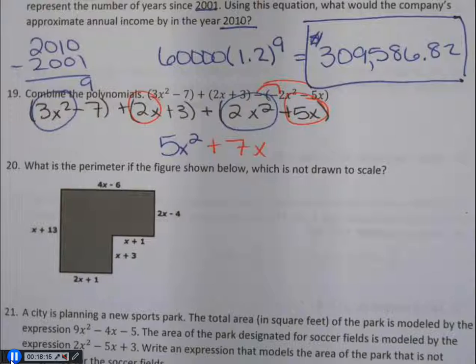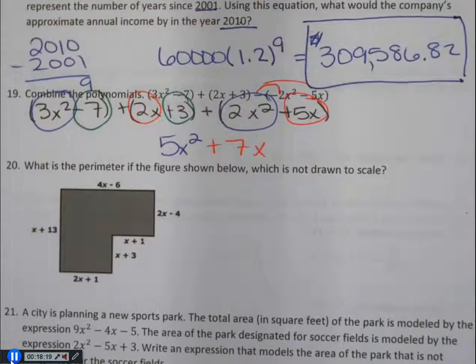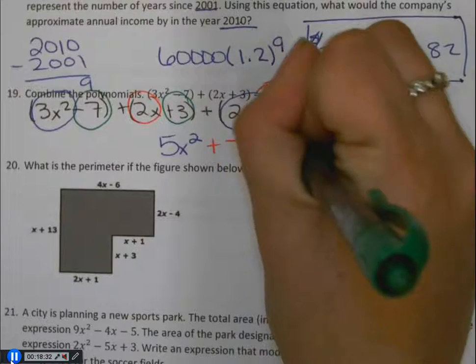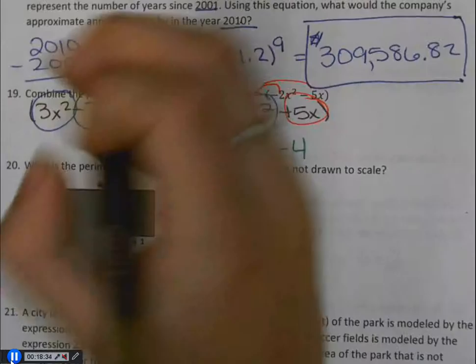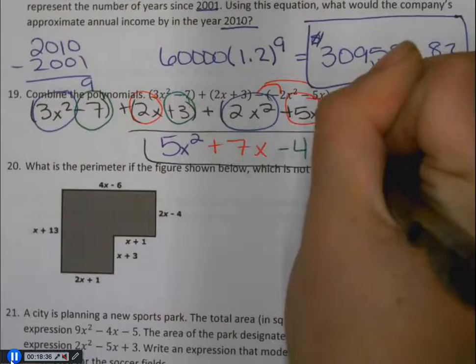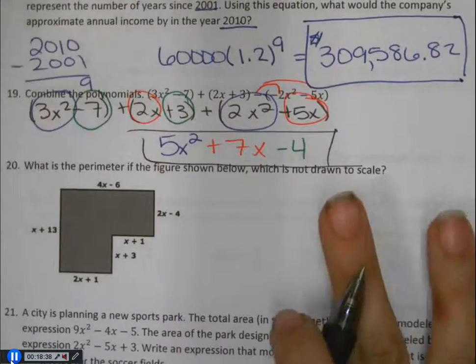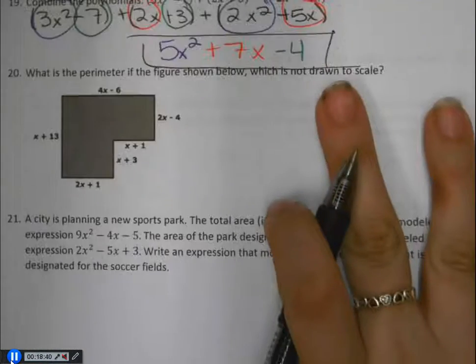Then I have negative 7 and 3. Negative 4. No, that's not this problem. That's when I'm multiplying that I can use FOIL. This one's just adding and subtracting, so I just combine like terms.